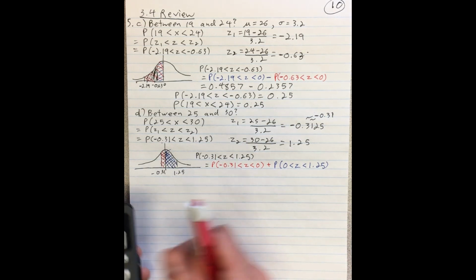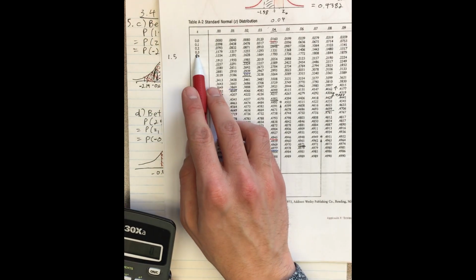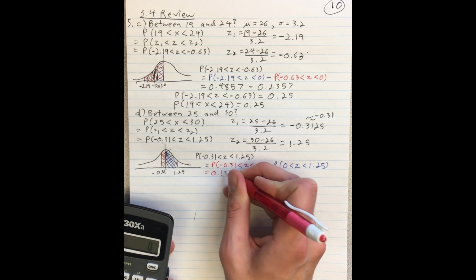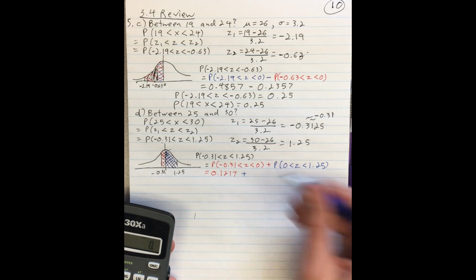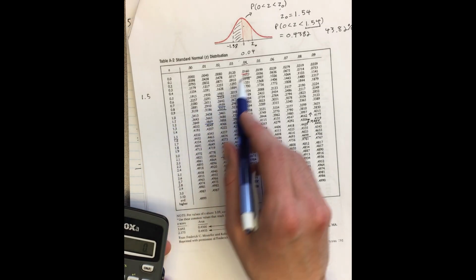So let's use our chart to figure that out. 0.31, right here, there's 0.31. So 0.3 and 1, so that's 0.1217. So that's equal to 0.1217 plus 1.25, 1.2 and 5.